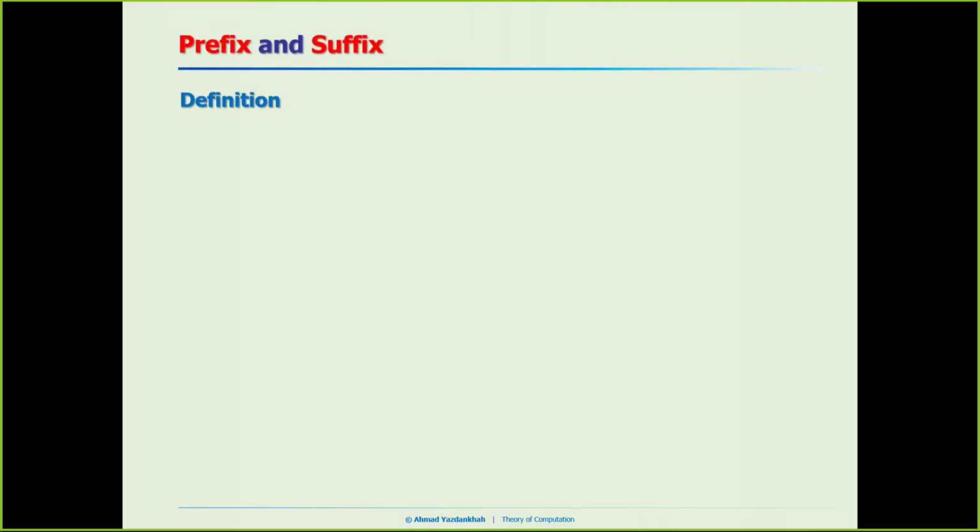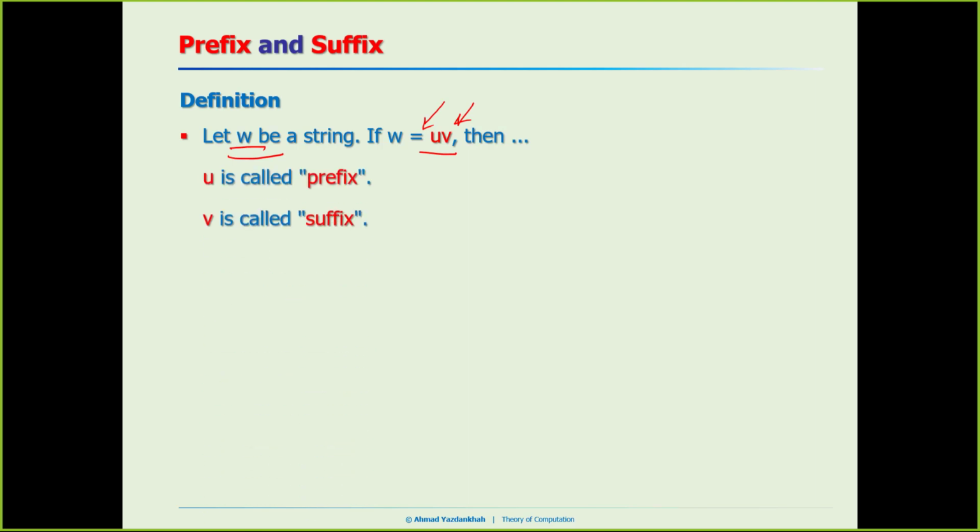Prefix and suffix. If we can separate a string into two parts, for example, if we have W and we can separate two parts like UV, then we say U is a prefix and V is the suffix. Let me take an example to clarify that.